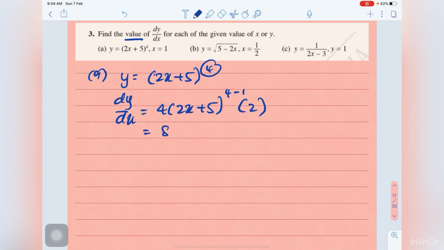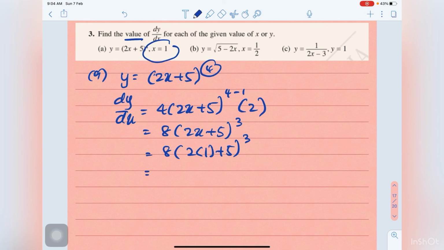Here we have 8(2x plus 5) cubed. Given x equals negative 1, then you substitute x equals negative 1 into dy/dx. So 8 times (2 times negative 1 plus 5) cubed.